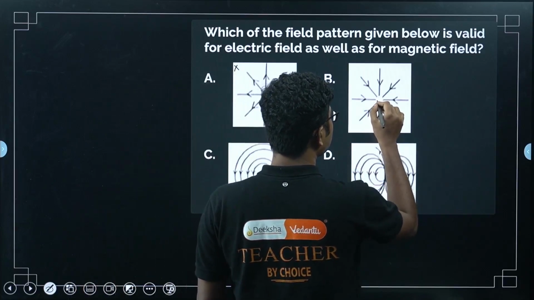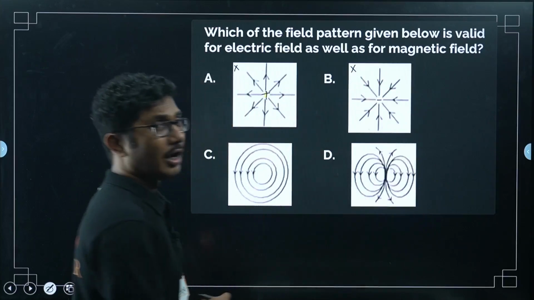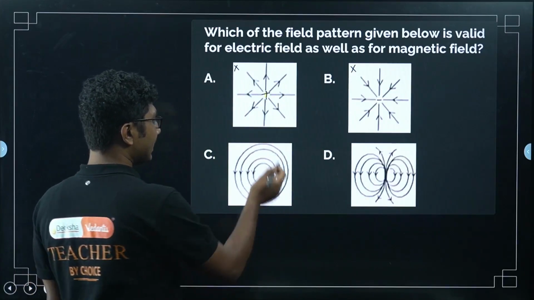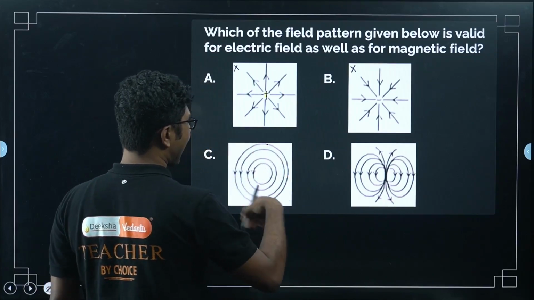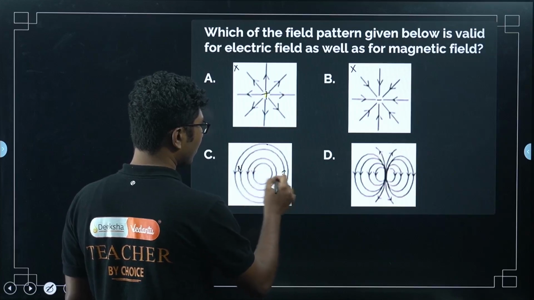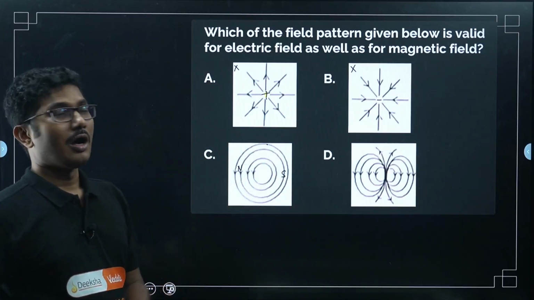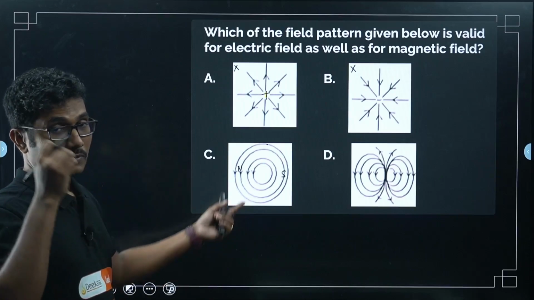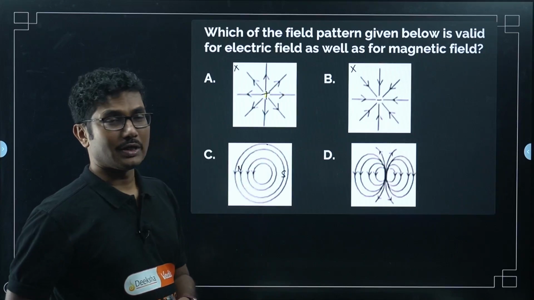Similarly, if you consider this is a negative charge, this is valid for electric charges but not valid for magnetic fields. Now suppose here I have a north pole and here I have a south pole, then this is valid for magnetic field. But we do not see such structures for electric charges.